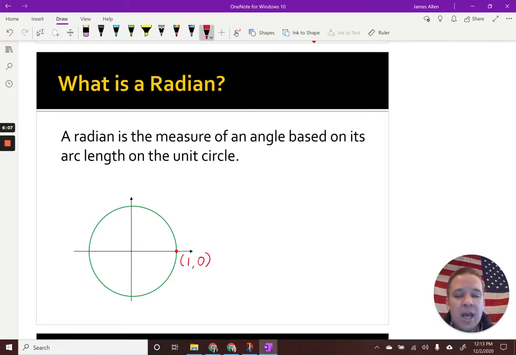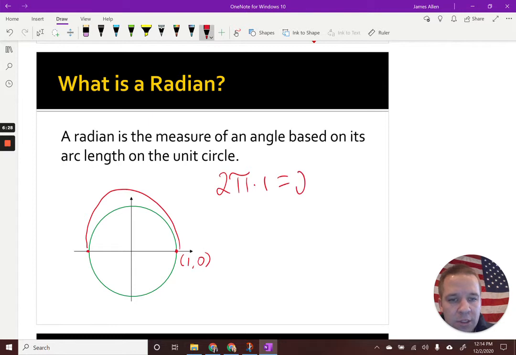Well, if I travel halfway around the circle, down to there, how far have I traveled? That's going to be half of the circle, right? Well, my full circumference is going to be 2 pi times my radius of 1, which is going to be 2 pi.